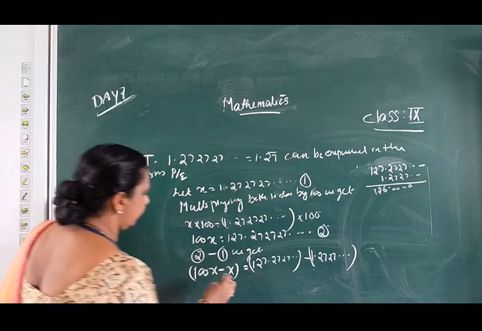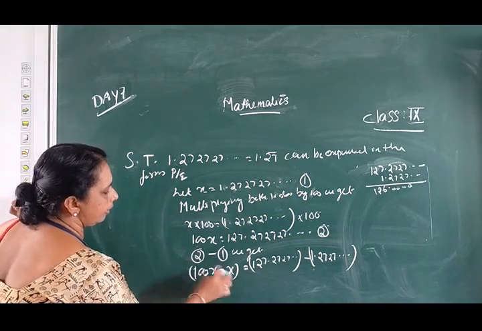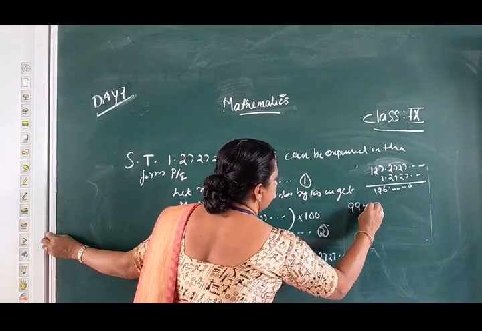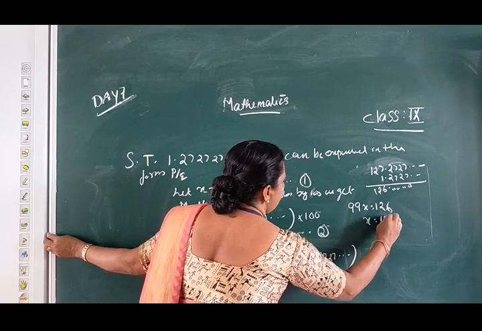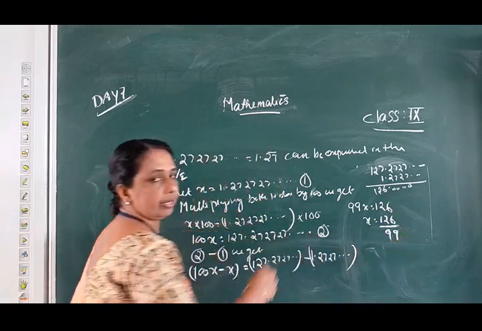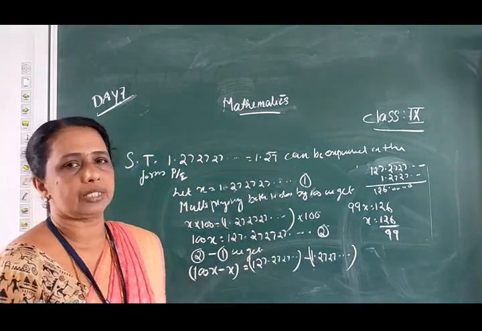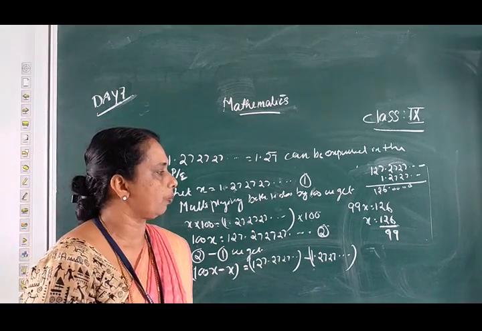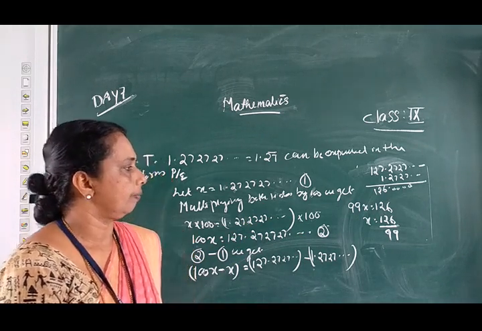Next step, 100x minus x, we get 99x is equal to 126. Then x is equal to 126 divided by 99, converted into a rational form. Here we can cut and write, we will get the simplified form of 126 by 99. We can cut by 9.